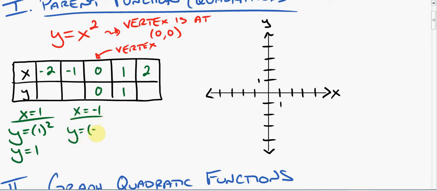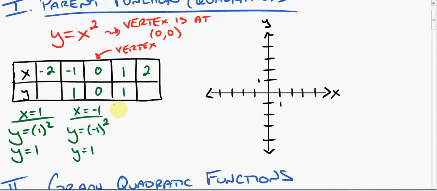So we'll plug in negative 1. So we have y equals negative 1 squared. Negative 1 squared is still 1. So when x is negative 1, y is 1. And that will always be the case. Whenever you have a negative, once you square it, your answer is going to become positive.